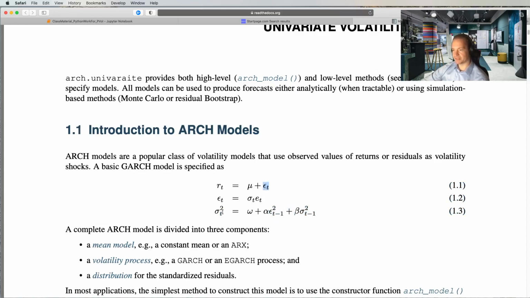Therefore, you can iterate forward. Let's say that would be the last variance in our training set and the last return innovation in the training set. You just take these last observations, multiply by beta, alpha, omega, and then you get your variance forecast for the next day.